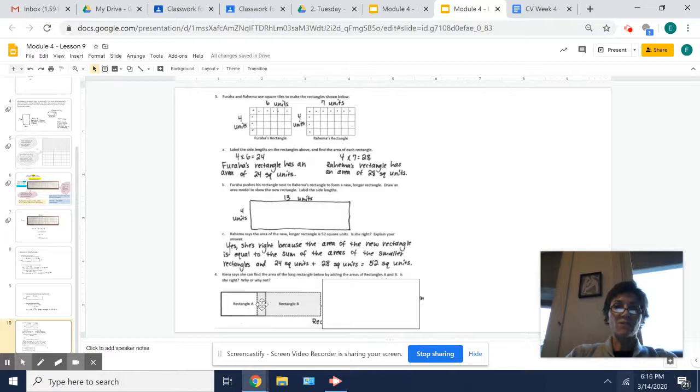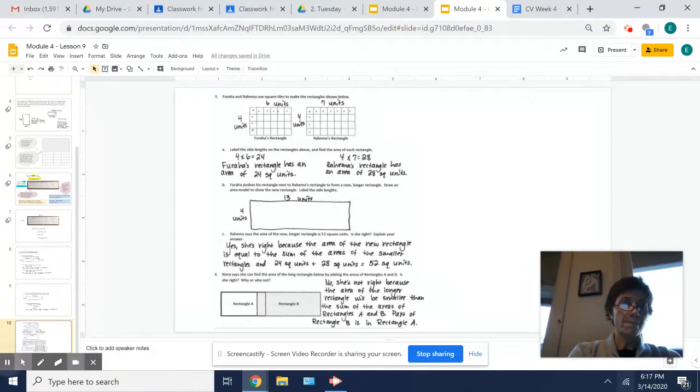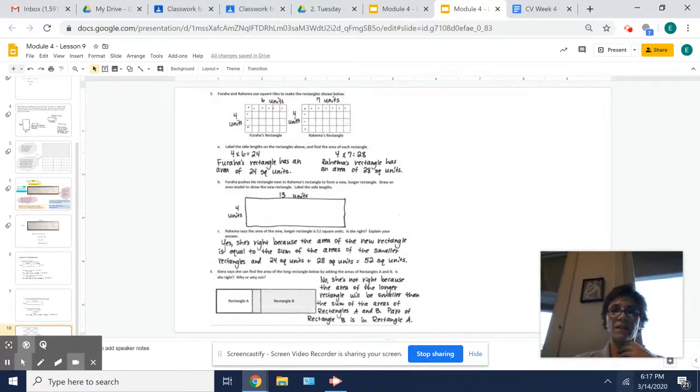As you can see, there's an overlap between rectangle A and rectangle B. So Kira says she can find the area of the long rectangle by adding the areas of A and B. In this case, it is not true, because the area of this longer rectangle is smaller than the sum of the areas of rectangles A and B.